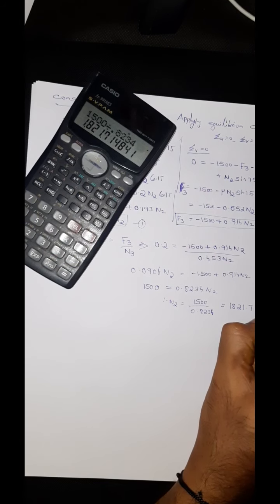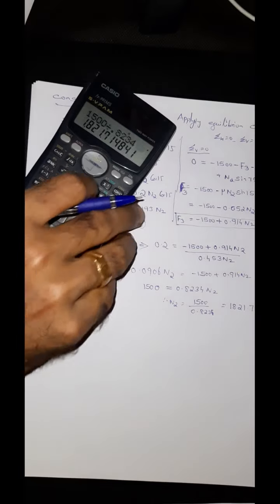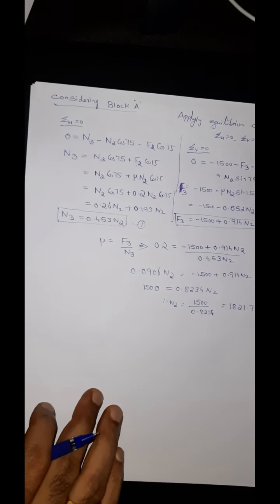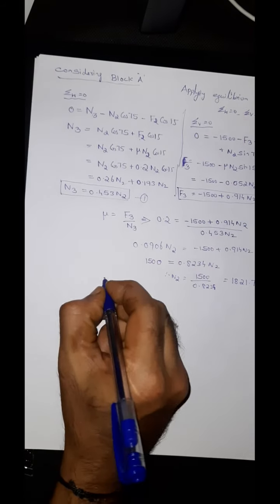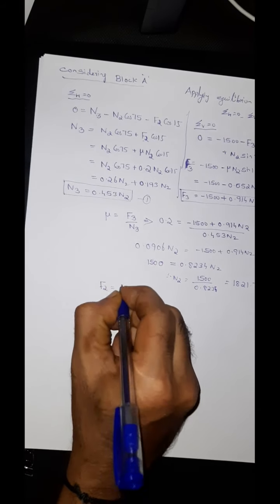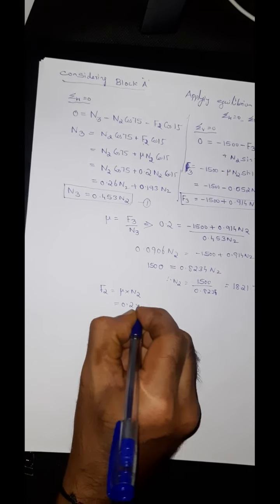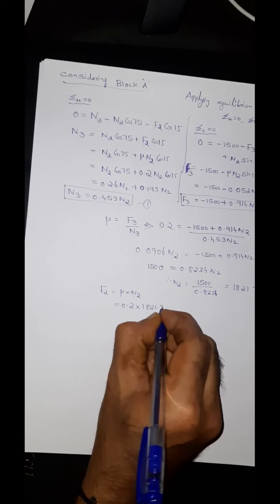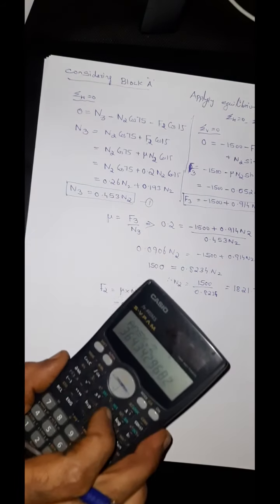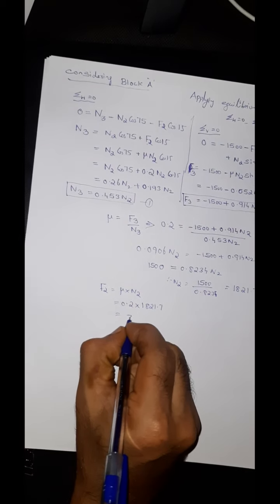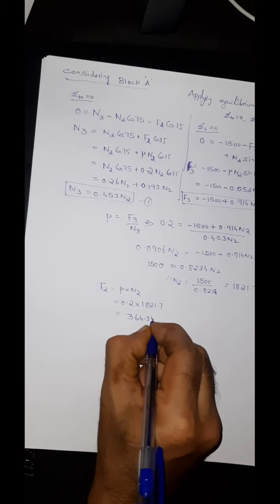The unit is Newton, right? Then what about F2? F2 equal to mu into N2. So 0.2 into 1821.7, which is equal to 364.3 Newton.